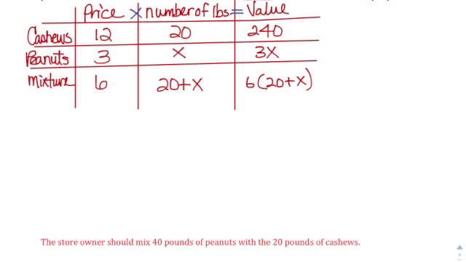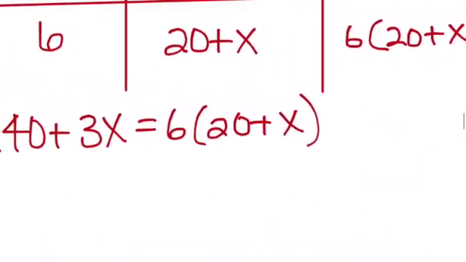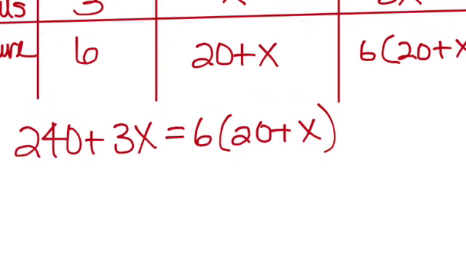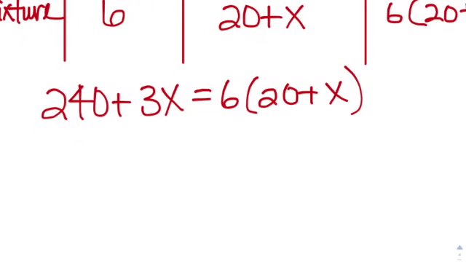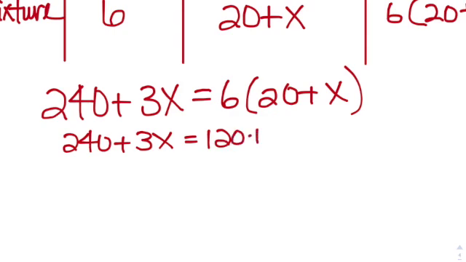Okay, now we are going to solve it. So remember the first two, cashew plus peanuts, have to equal the mixture. So this cashew plus peanuts equals 6 times (20 plus X). See how simple it is if you lay the table out? Please ask me if you have any concern or question about how to pick these numbers. Okay, ask me tomorrow. 240 plus 3X equals 120 plus 6X, minus 3X on both sides.